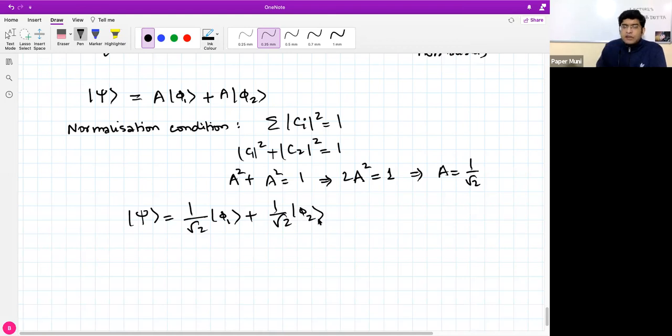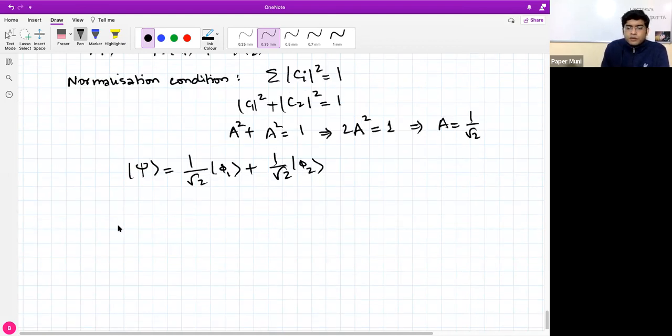Now you could have directly written this down. If you want, you can directly write this formula.